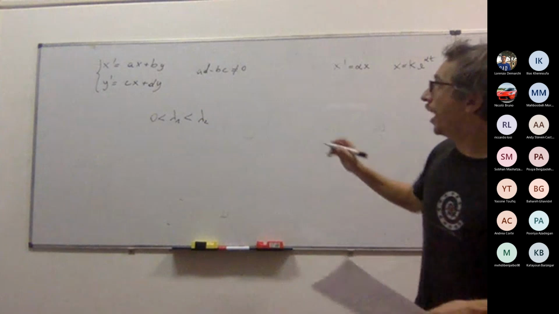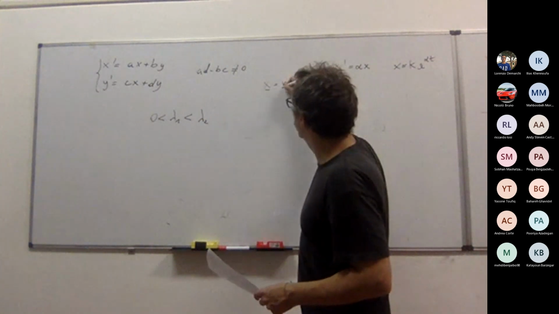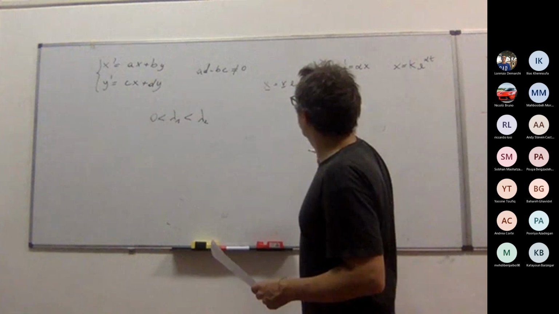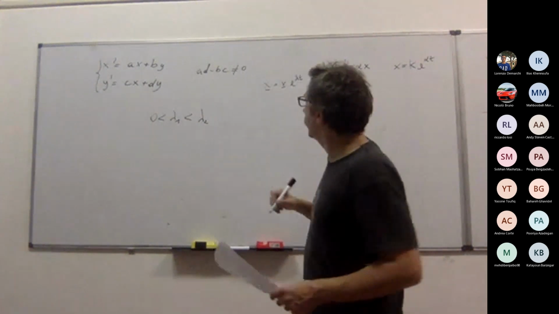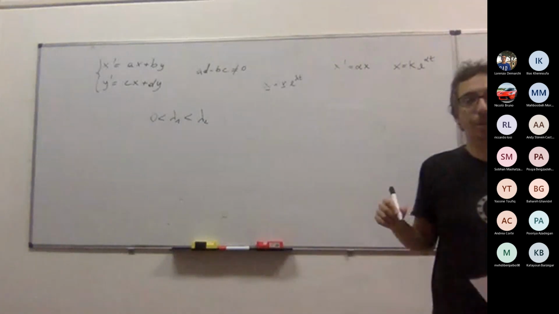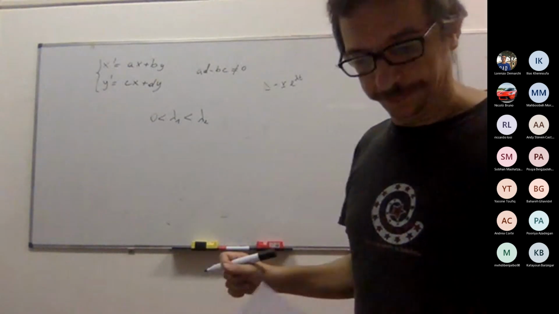So you remember our ansatz, the ansatz of our solution was some x equal to b times the exponential of lambda times t. This was the ansatz of the solution of the linear system that we were looking for.